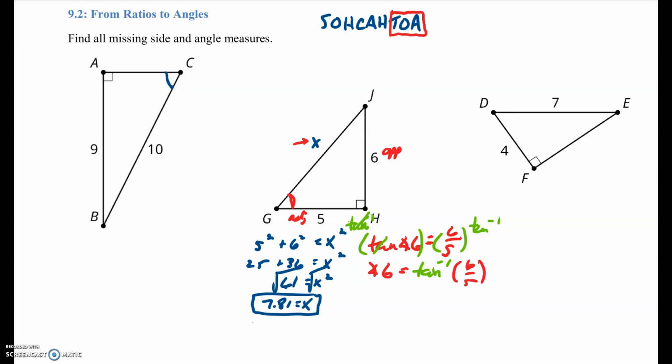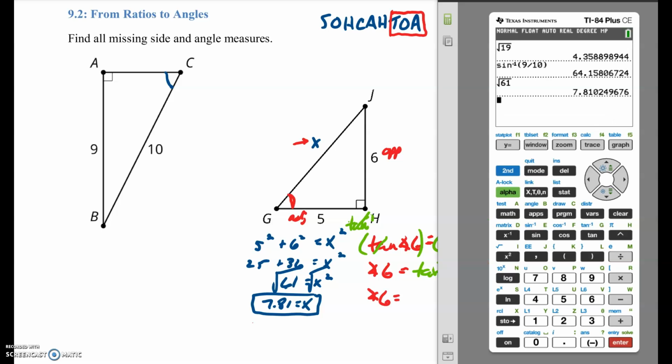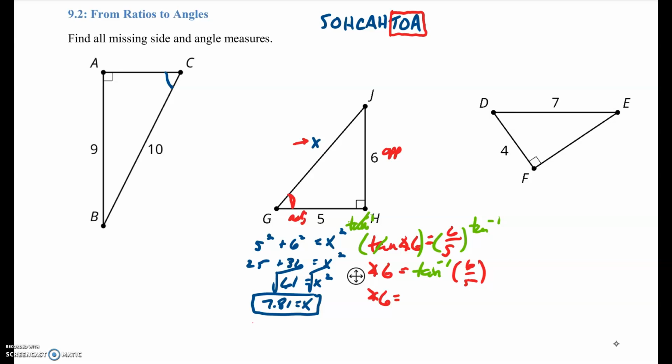So now angle G is equal to, I find the arctangent, so second tangent gives me the arctangent, and I want it of the ratio 6 over 5, and I get a 50.19 degree angle, or 50 degrees.